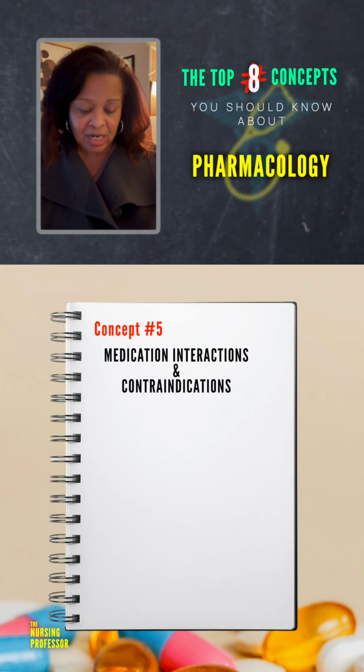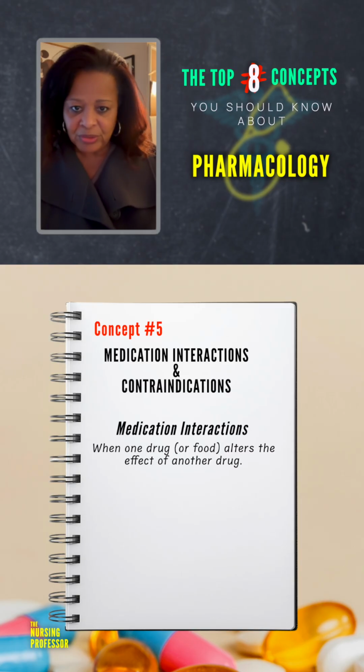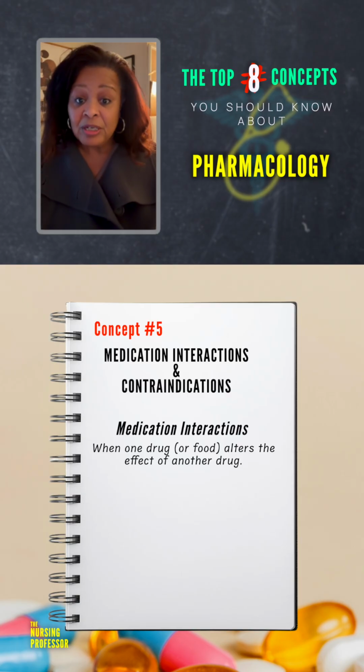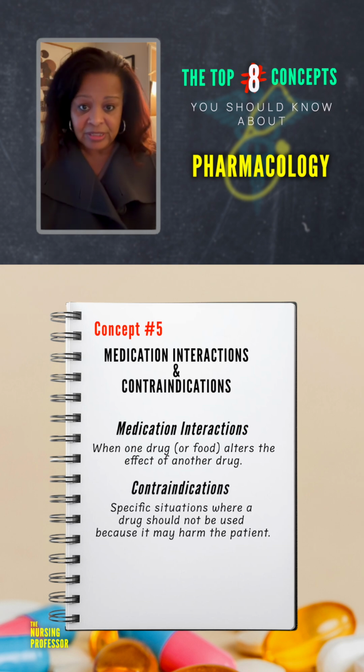medication interactions and contraindications. You should definitely know that. Many of our medicines don't work with other medicines. For example, if somebody's on warfarin, you don't want them to take NSAIDs because both of them have the likelihood of some sort of bleeding. Beta blockers, as I said earlier, is contraindicated with people who have asthma.